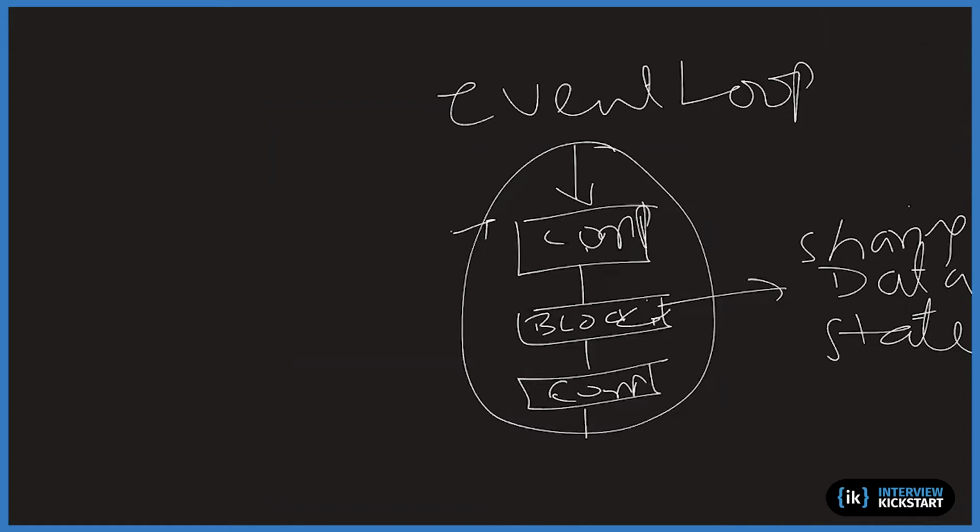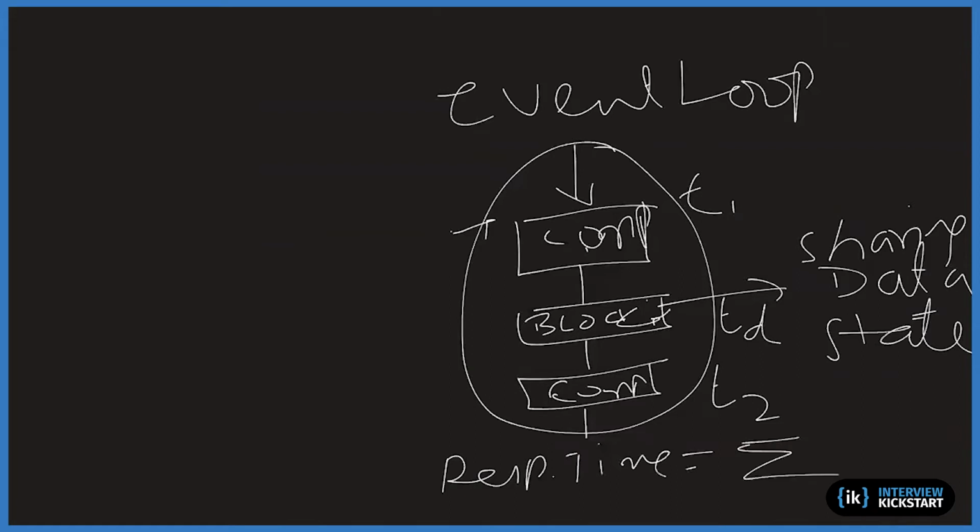the total execution time plus the waiting time decides the response time of the overall cycle. So if you linearly add these, so let's say T1, this is T delay, and then T2, your total response time is a summation of all this, right?